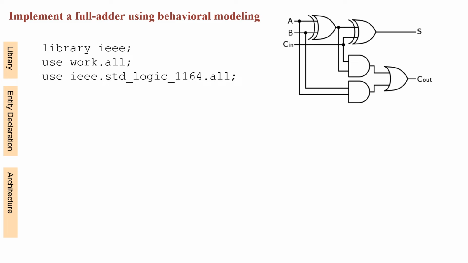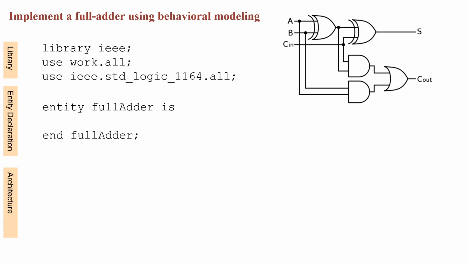So it will be full adder.vhd for the file name, and for the entity it will be full adder as one word, and then end full adder. Inside the entity declaration part, we're going to declare all the ports that are necessary, meaning all the inputs and the outputs for our circuit. And as we mentioned earlier, we have only 3 inputs, A, B, and Cin.